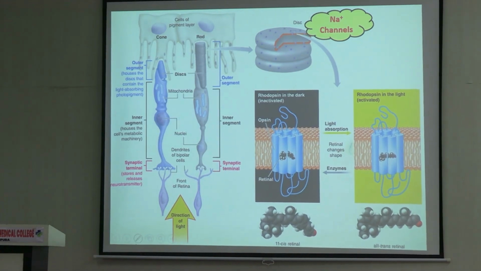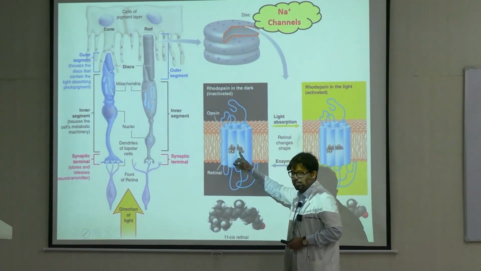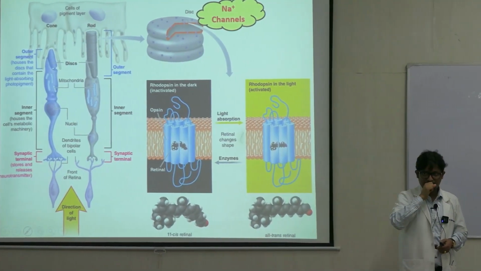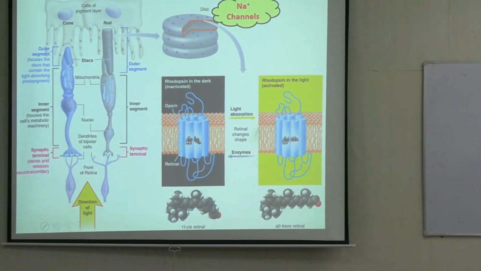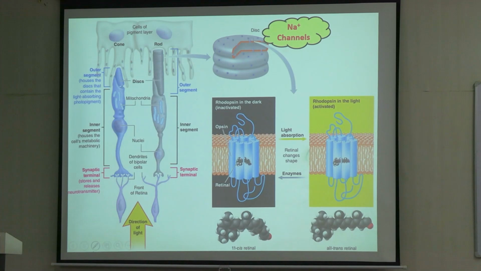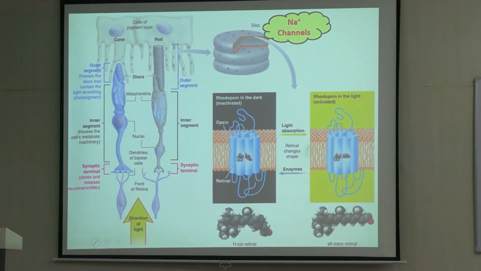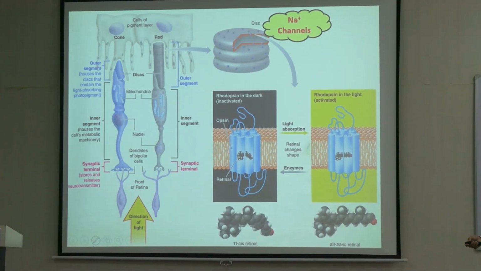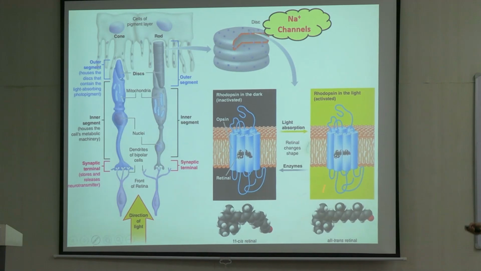So can you see a difference in the structure here? So this is the aldehyde. Do you see any difference? So you can also see that these are enlarged over here. So what has happened? Bleaching इसलिए हो रहा है. Why is it that the photopigments are breaking up? That is because as you can see here on exposure to light, the aldehyde transforms from its cis configuration to a trans configuration.